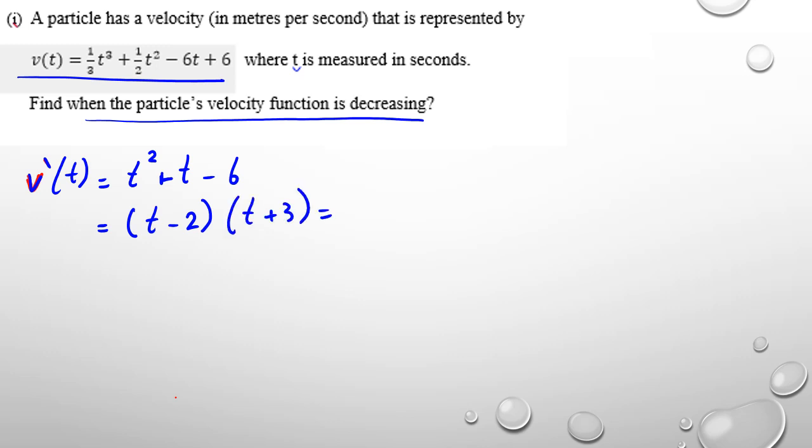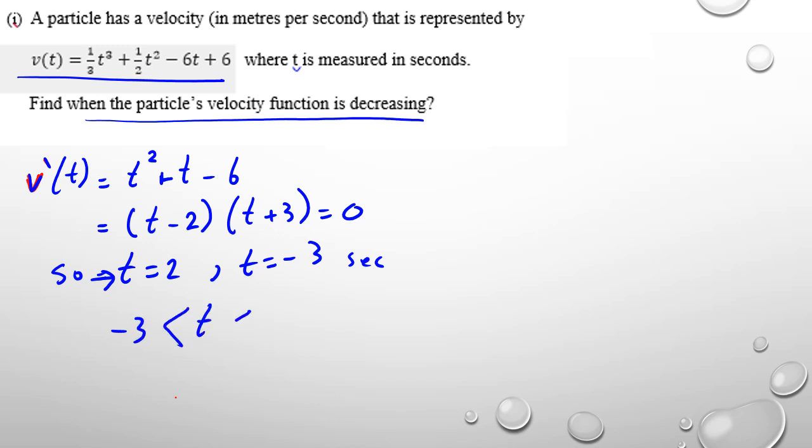When is it decreasing? Make it equal to 0. So t is equal to 2, or t is equal to negative 3 seconds. So that means it's decreasing between negative 3 and 2 seconds.